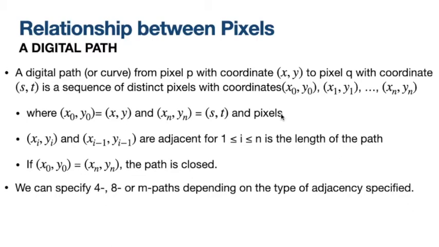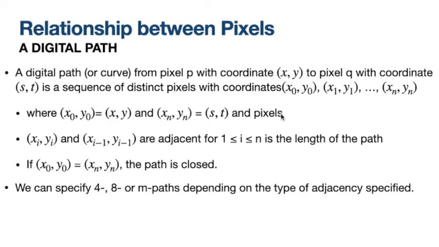A digital path or a curve from pixel p with coordinate xy to pixel q with the coordinate st is a sequence of distinct pixels with coordinates x0, y0, x1, y1 to xn, yn, and here x0, y0 and xn, yn will be p and q respectively, and xi, yi and xi minus 1, yi minus 1 are adjacent for 1 less than or equal to i less than or equal to n. n is the length of the path.